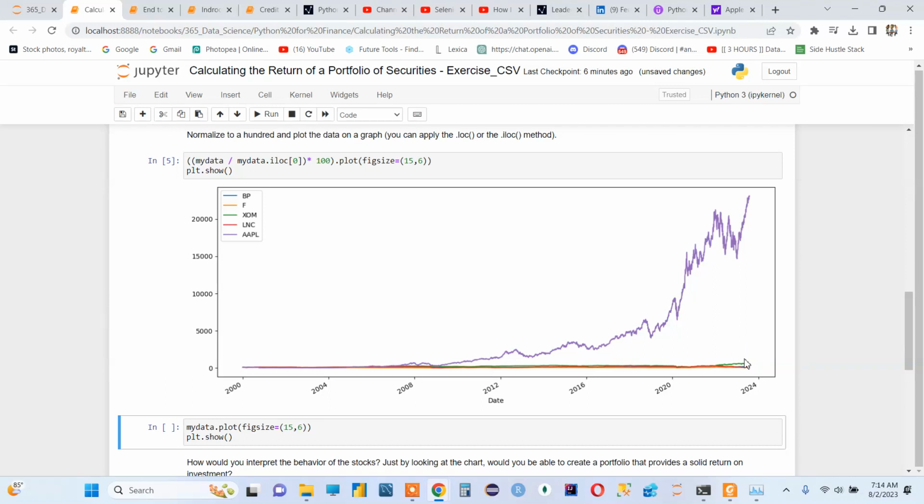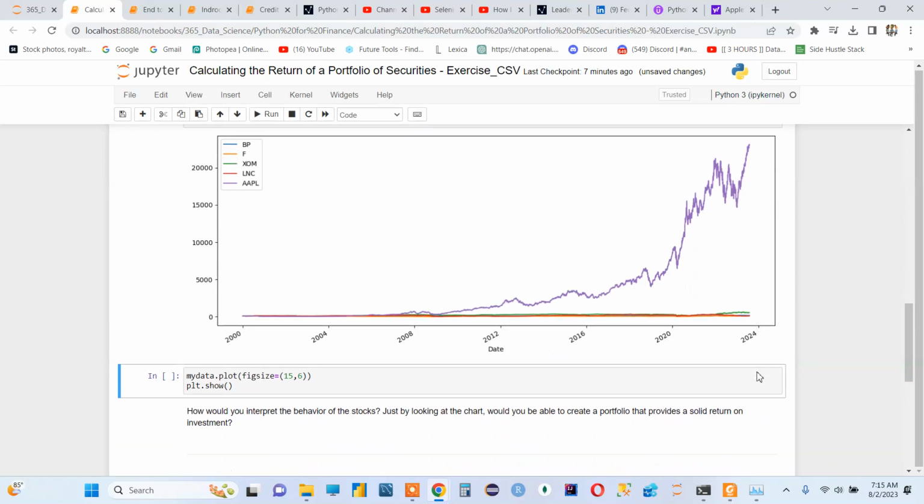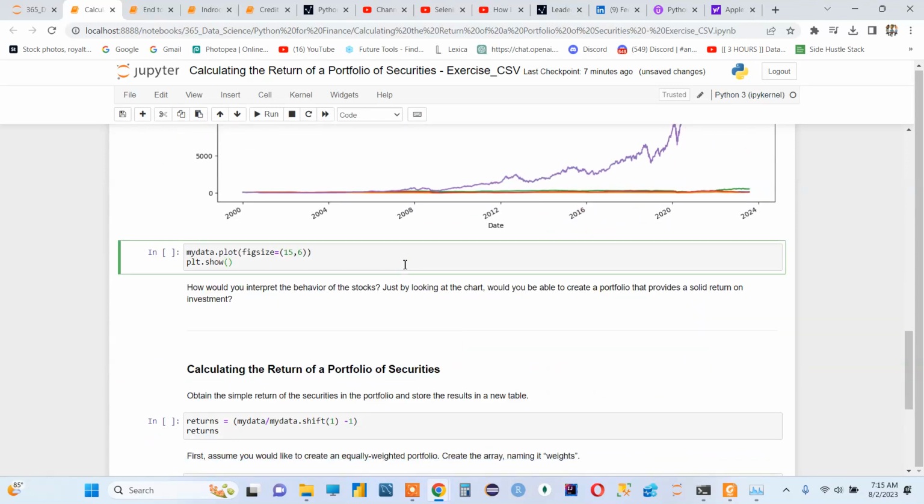From this we can conclude that Apple is definitely the dark horse which has outperformed all the rest of the players in the market. Second is a little bit of Exxon. It is clearly visible that Apple's stock price is abnormally high compared to the other stocks. Now let us see how it looks if we don't normalize the data.